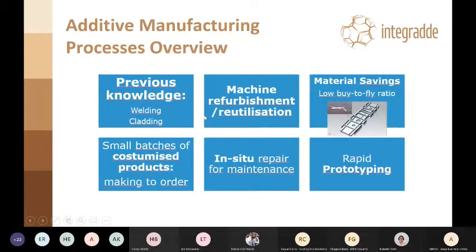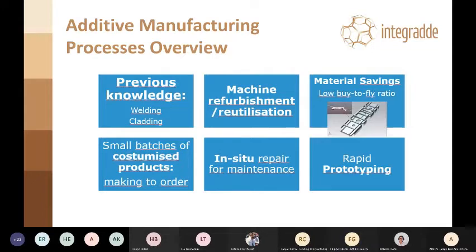And in this case, DED has presented the following advantages. These technologies take previous knowledge from welding, for example, in laser beam welding or wire arc welding, and also from cladding technologies like laser cladding or even arc wire cladding.